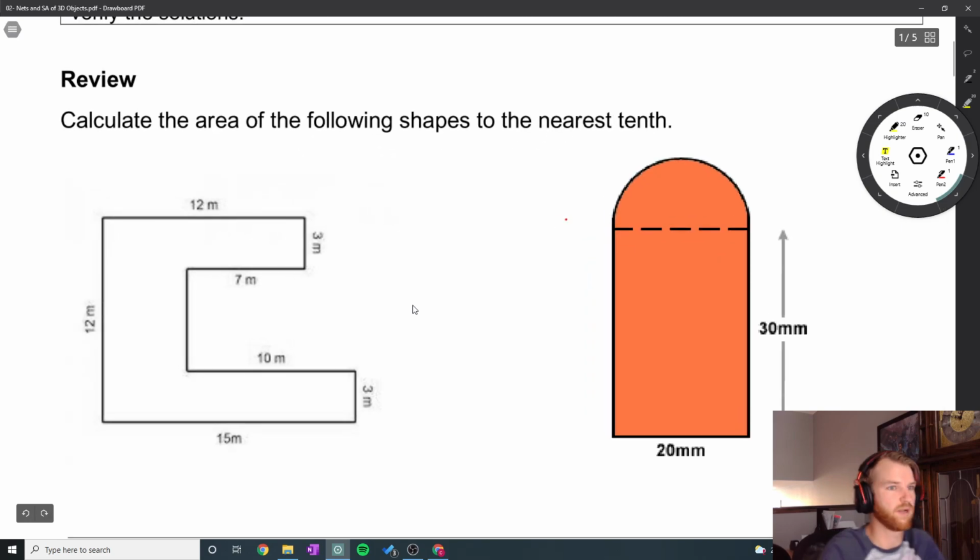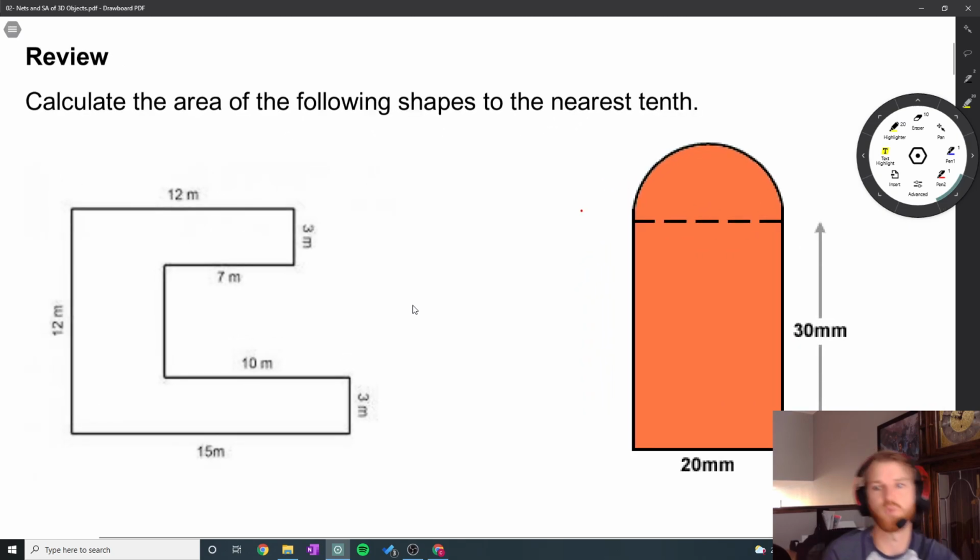But I will just say that what we're doing here is finding surface area, which is the space inside of a 2D object. We're not talking about how much a 3D object can hold. We're talking about just the flat surface area on a 2D shape here.